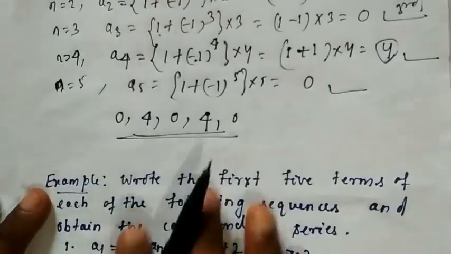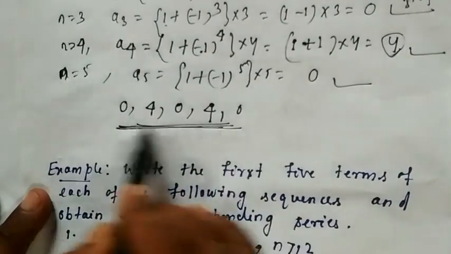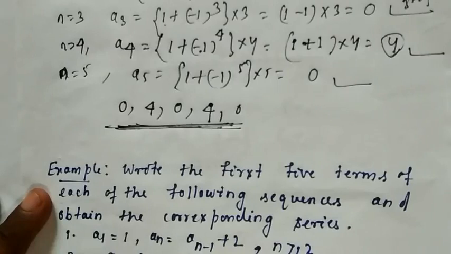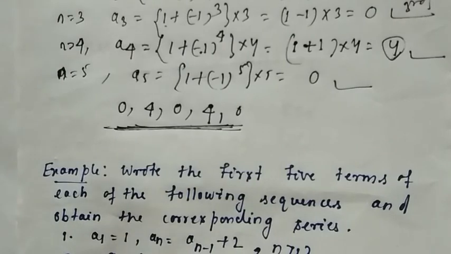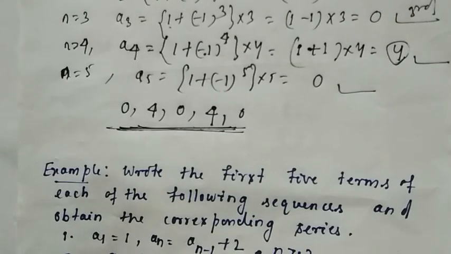But now if I ask the question, can this be a progression? What I said about progression is that you can calculate the nth term of a progression, but for all sequences you cannot calculate the nth term.